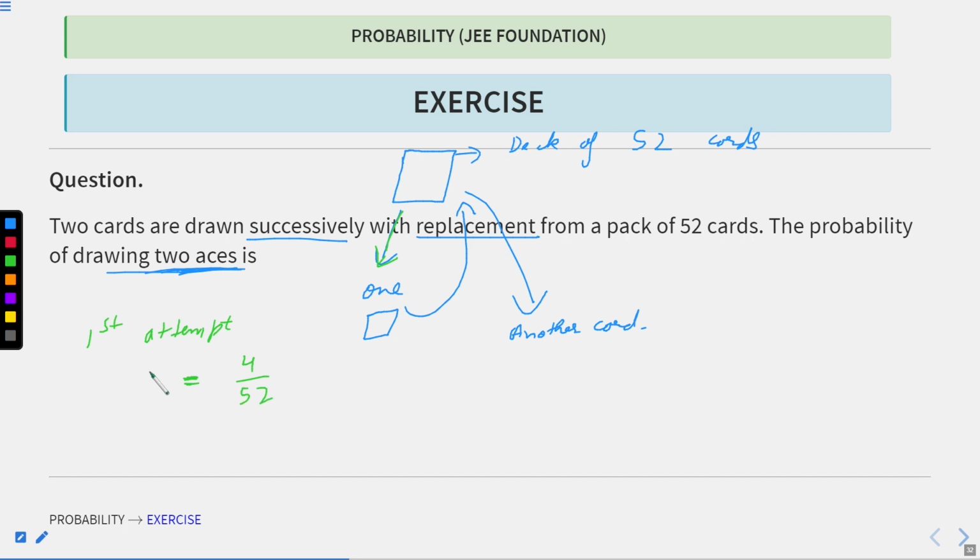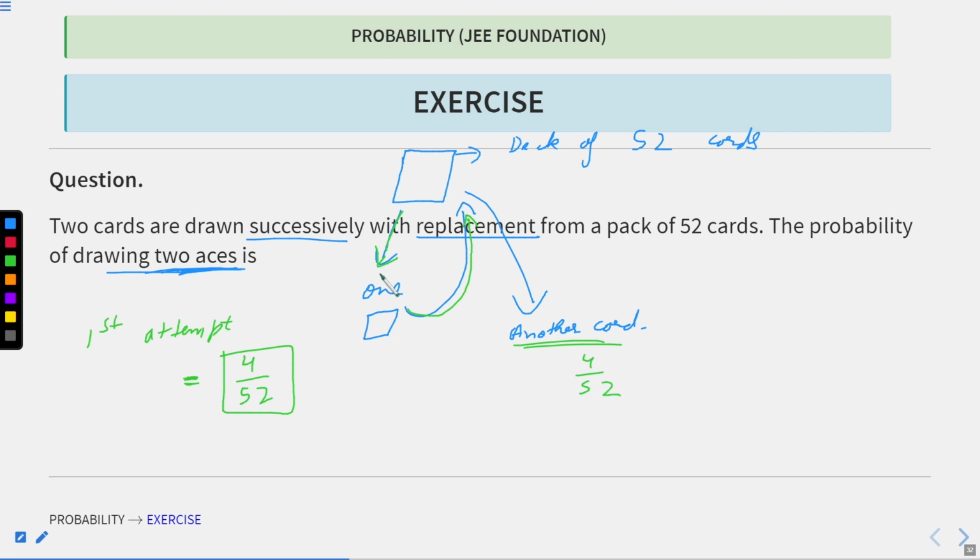So in the first attempt I am getting this probability and I return this card into the deck and then get a chance to draw another card. So the next time the probability remains the same.